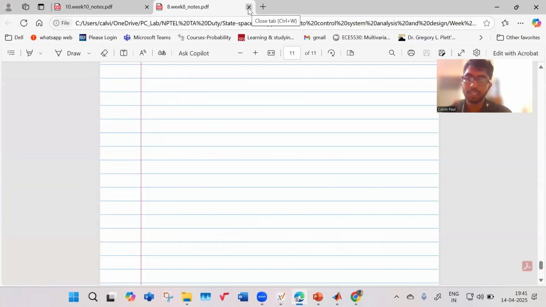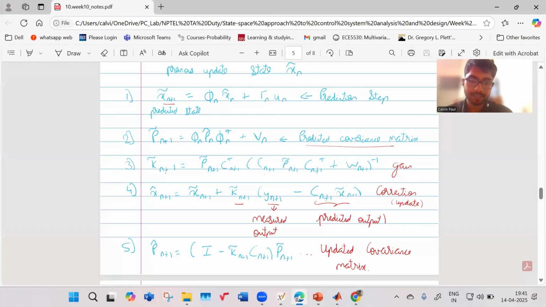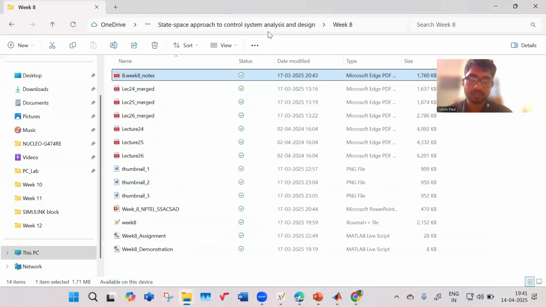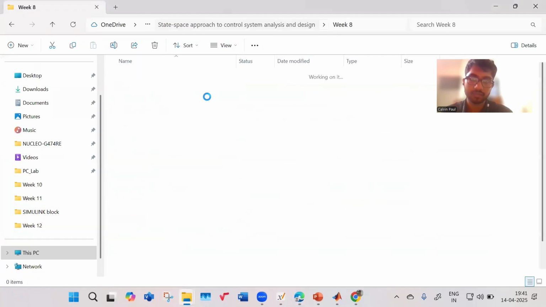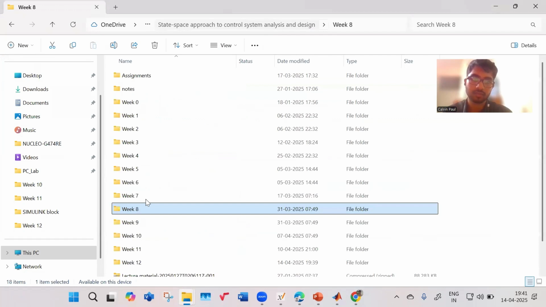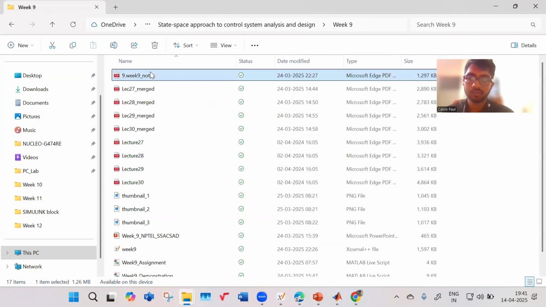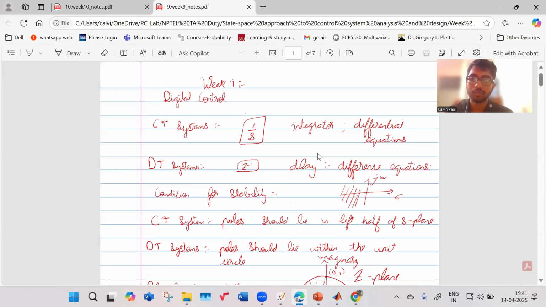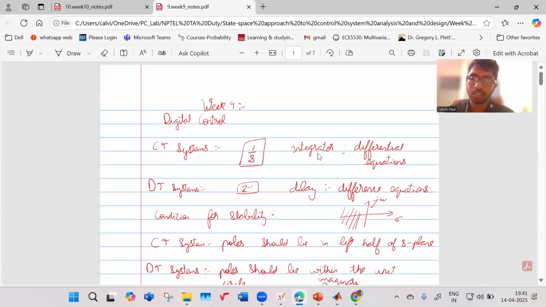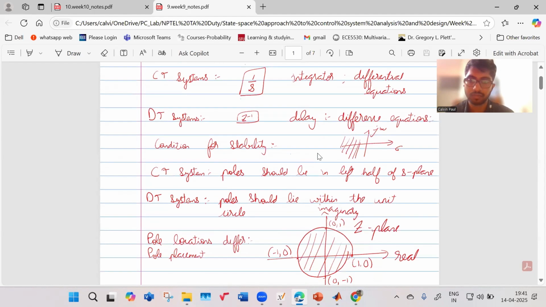Okay, next we will go to week 9. Week 9 starts with digital control. What is the difference between a continuous time system and a discrete time system?